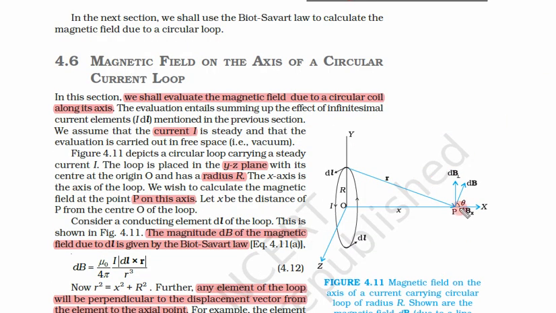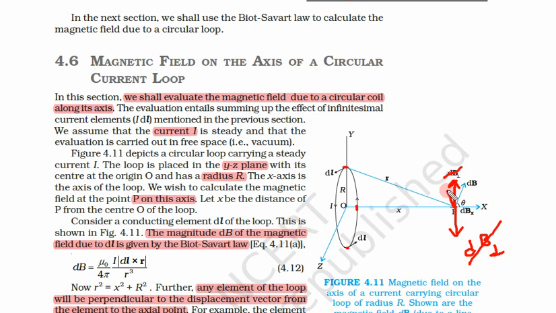So here you can see that if this dl is upward, this dB perpendicular is also upward. If we take dl downward, there must be the same magnitude of dB perpendicular, but this time it will be downward. So one is plus, another one is minus, both will cancel out. Let us take one dB here, then what will happen?